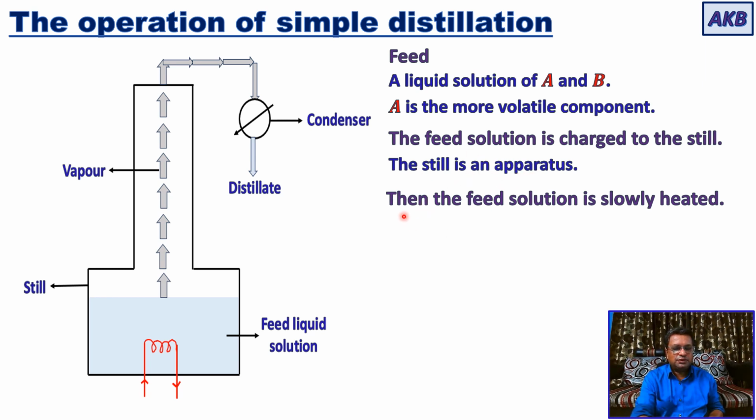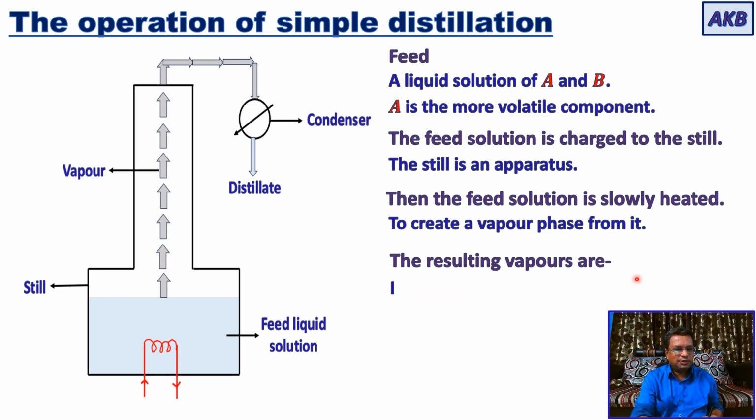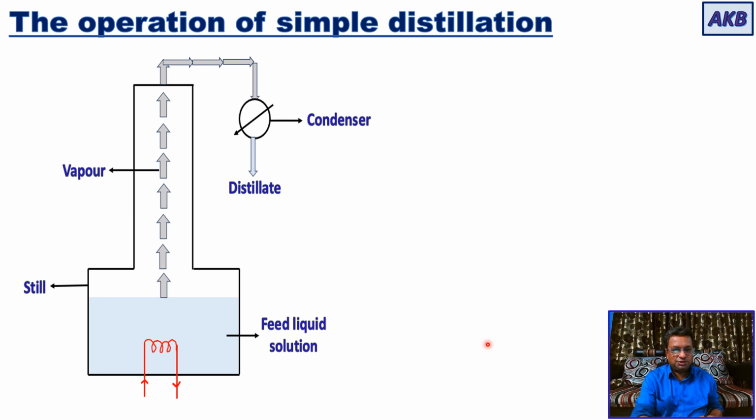After charging the feed solution to the still, the feed solution is slowly heated to create a vapor phase from it. The resulting vapors are immediately removed as soon as they are formed, and condensed, and you're getting the distillate product.